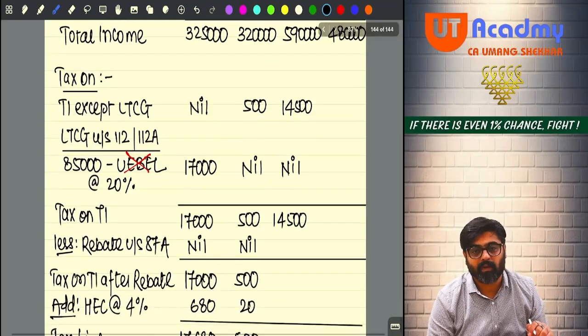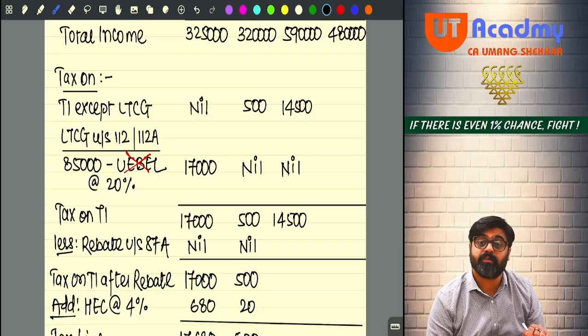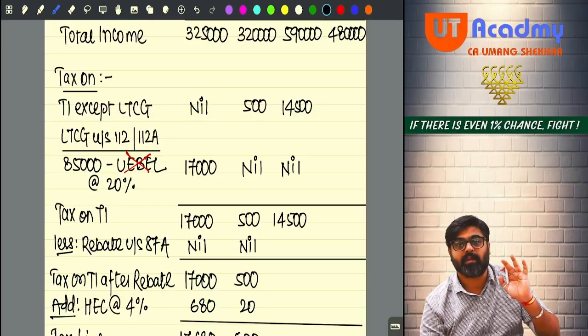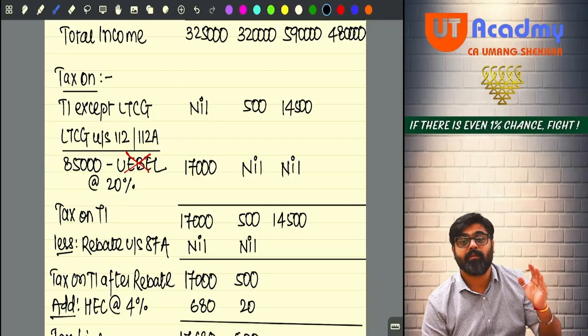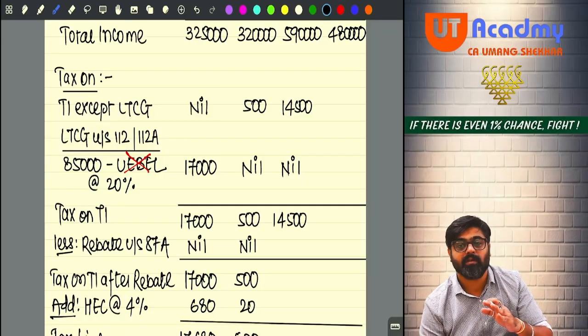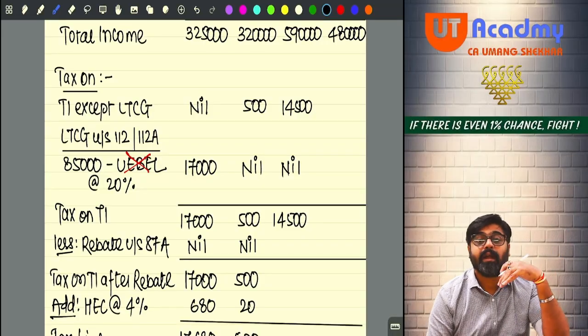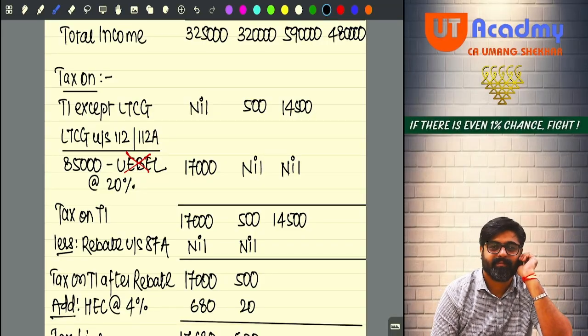Now pay attention, on this 14,500, will you get any rebate? The answer is yes, because your total income is less than 7 lakhs and you are a resident individual and you are following 115BAC. That is why we are checking 7 lakhs. Yes or no?